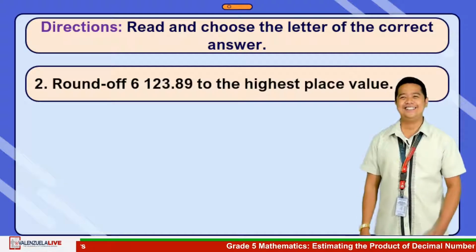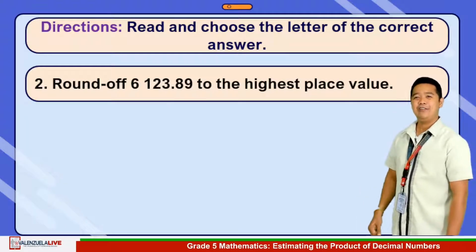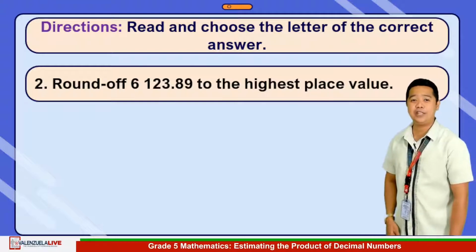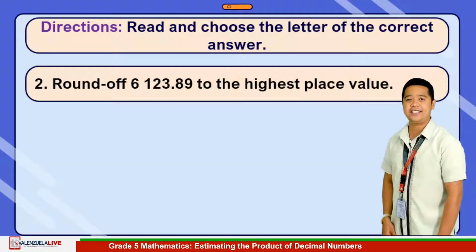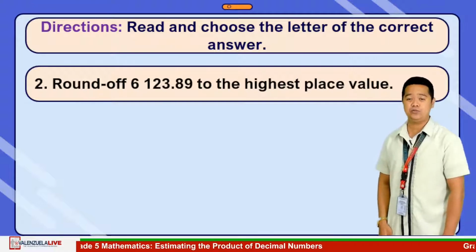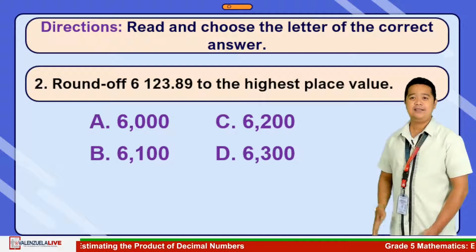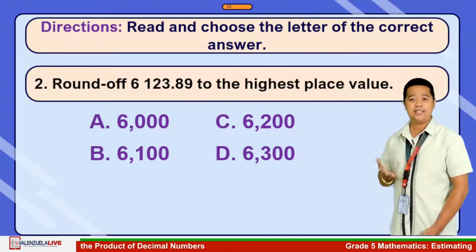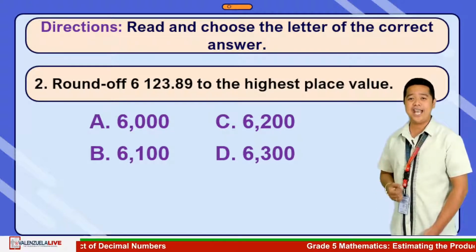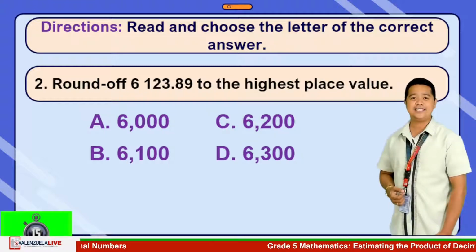Next, number 2. Round off 6,123 and 89 hundredths to the highest place value. Again, it can be A, or B, or C, or D. What is the answer? You have 15 seconds.